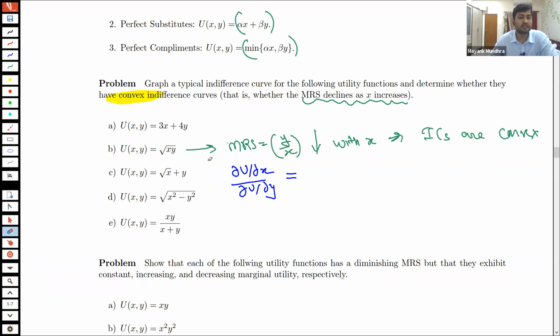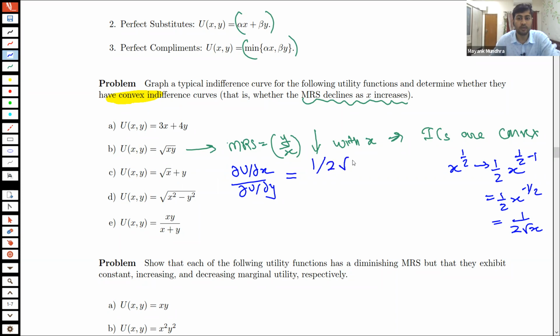And the differentiation of under root x, which is x to the power half, is going to be half x to the power half minus 1. So that is half x to the power minus half, which is 1 by 2 root x. So del u by del x becomes 1 by 2 root x.